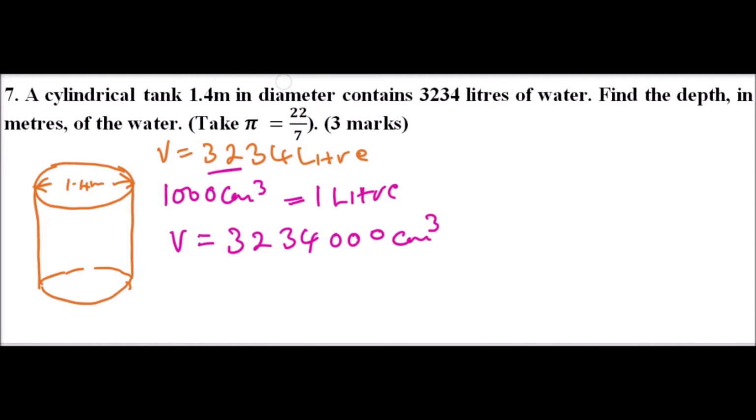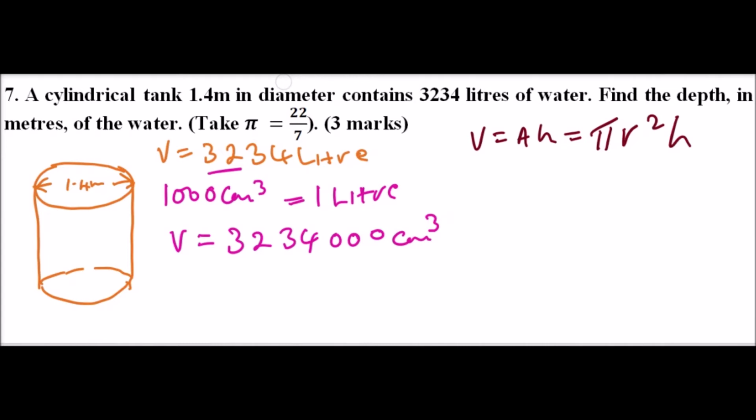can be calculated as V equals base area times height. Because it's a cylinder, it is pi r squared multiplied by height.